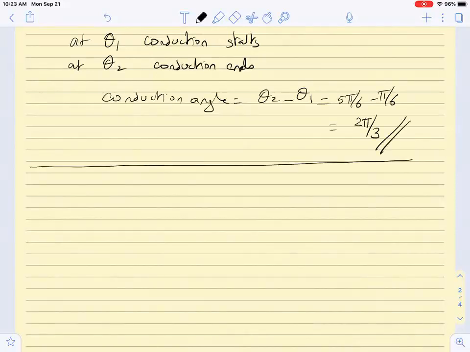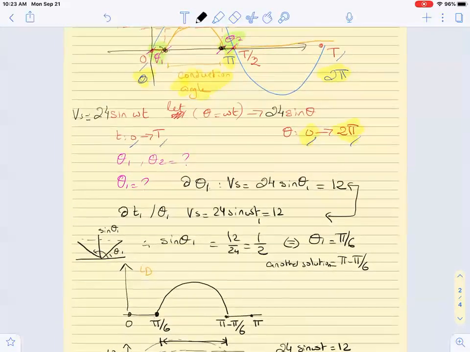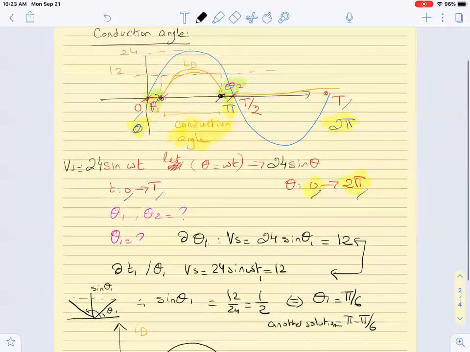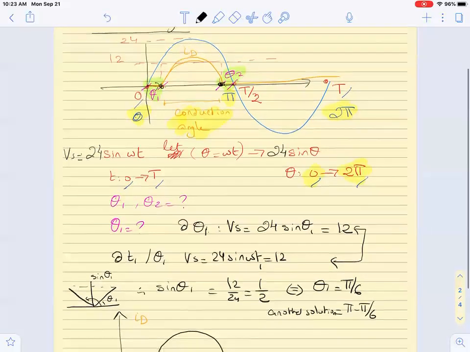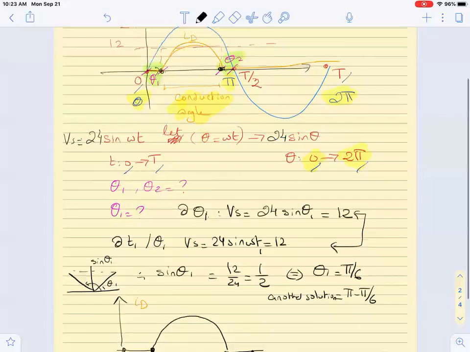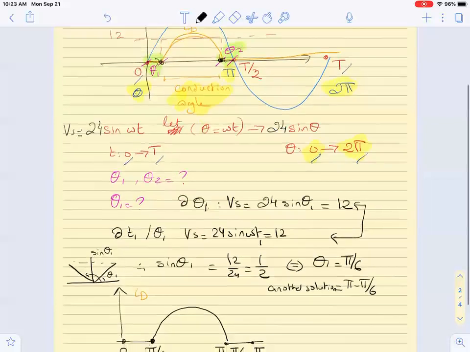Okay? Does anyone have a question? Let me fix theta 2 so it's clear it is at this location here; I did not mean the remaining angle. Does anybody have a question on how we found the conduction angle?